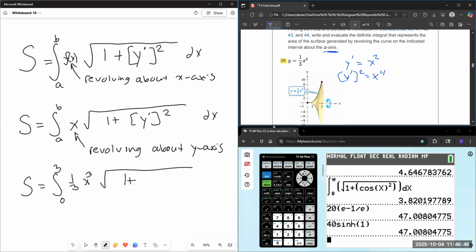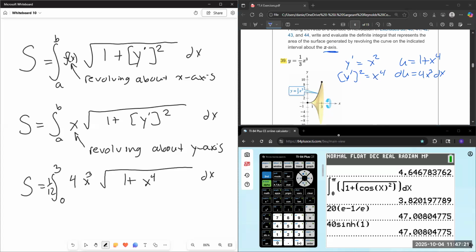is x to the 4th dx. So u is equal to 1 plus x to the 4th. du is 4x to the 3rd dx. So I'll pull the 1/3 out, multiply by 4, and multiply by 1/4, all in one step there.